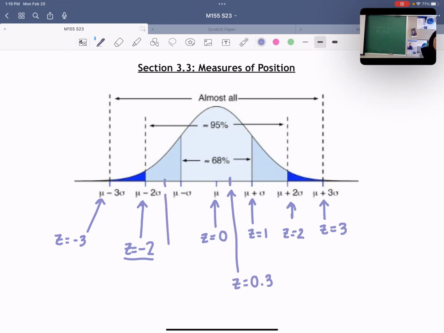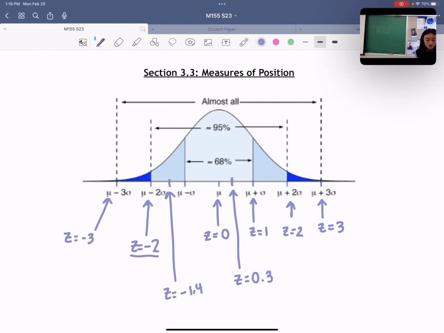Or we can even be, I don't know, z equals negative 1.4. Gosh, that is a bad 1.4. There we go, okay? So a z-score can be any value, and it just tells us how many standard deviations we are either above or below the mean, okay? Any questions on what a z-score is so far?